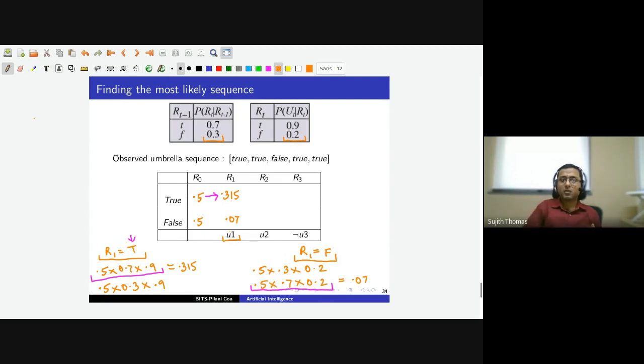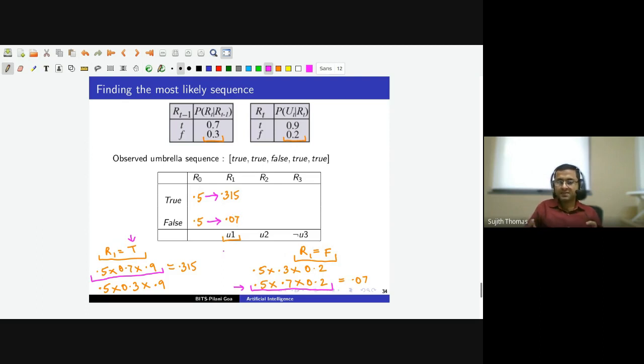And we will also note down the transition that led to this probability. So we had to move from false to false, right? The second case was R0 equal to false. So we moved from false to false and that is when we could maximize the probability.